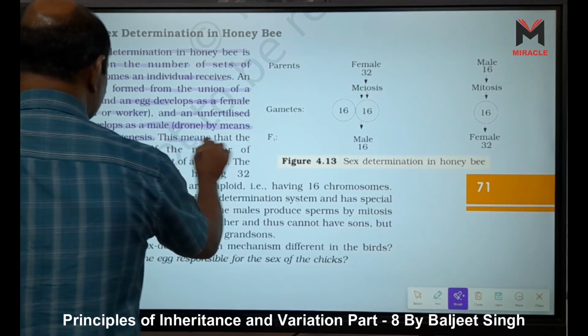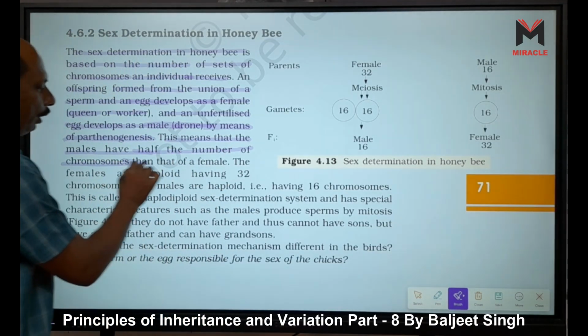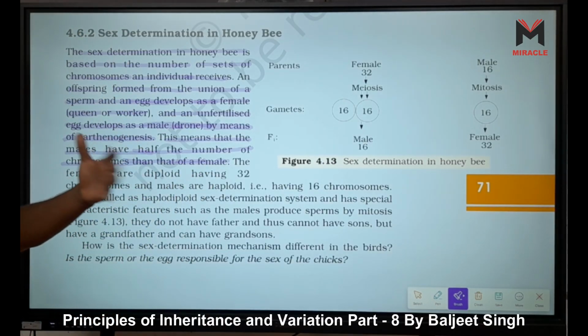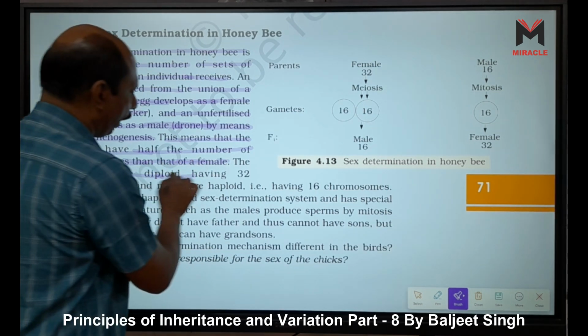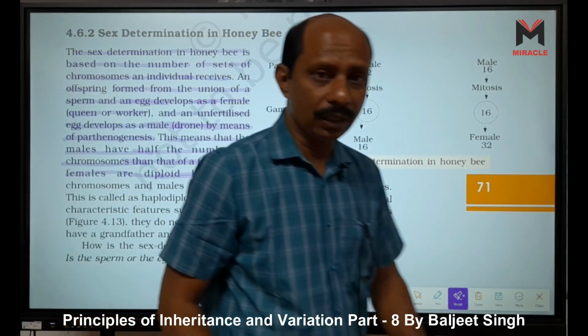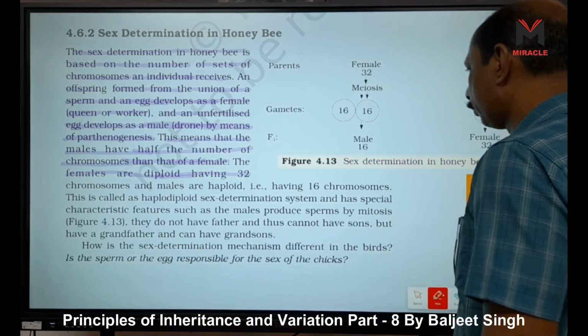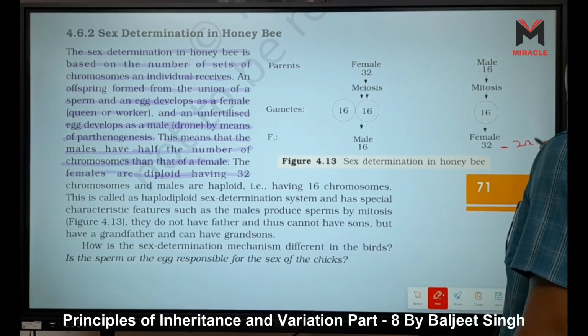Parthenogenesis. This means that the male has half the number of chromosomes of the female, because it is unfertilized. That means one set is absent here. It is n only. The females are diploid and have 32 chromosomes. Diploid means 2n, and 2n means 32, right?